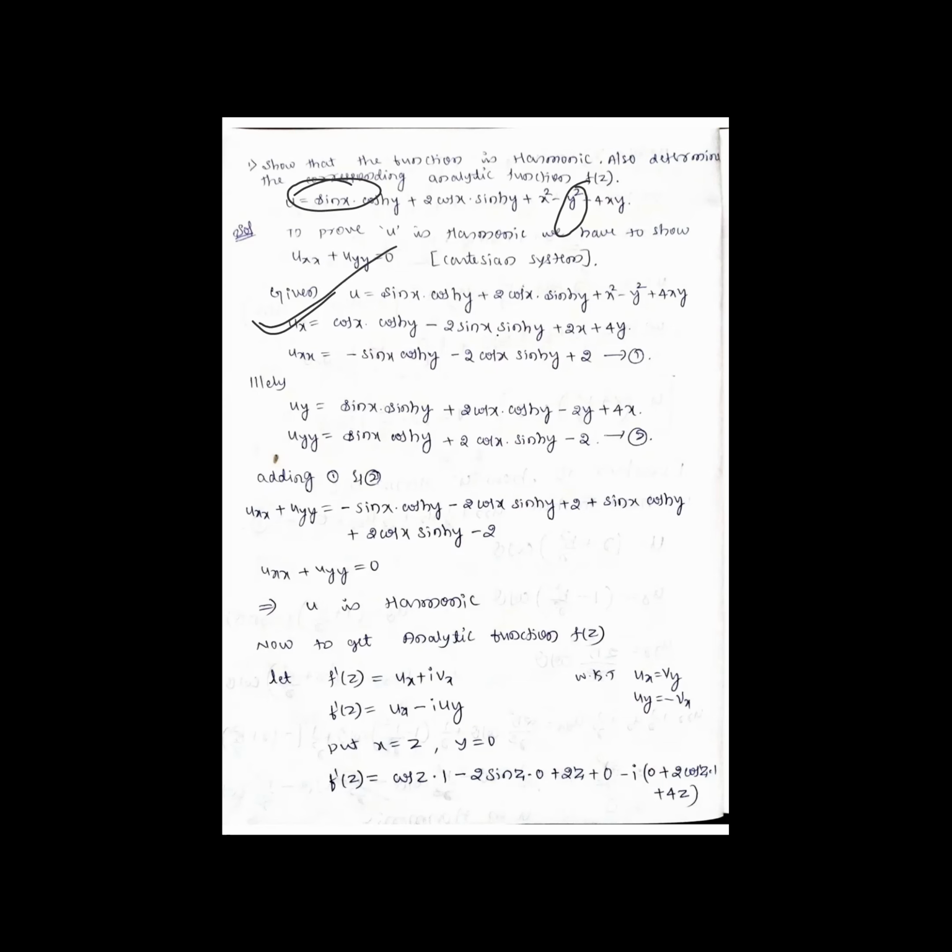I want uxx, so again I'll differentiate with respect to x by keeping y constant. Differentiation of cos x is minus sin x, differentiation of sin x is cos x, differentiation of 2x is 2. So that is uxx.